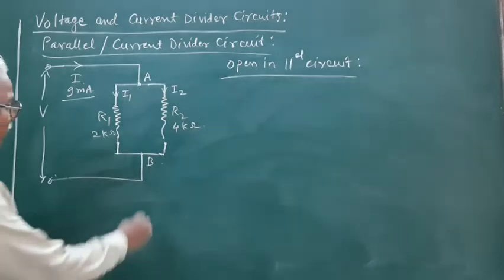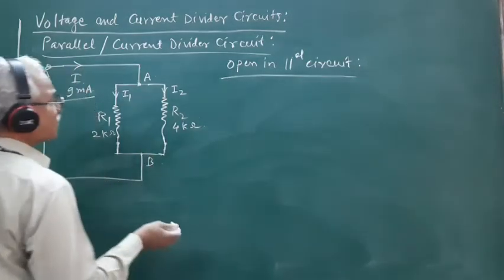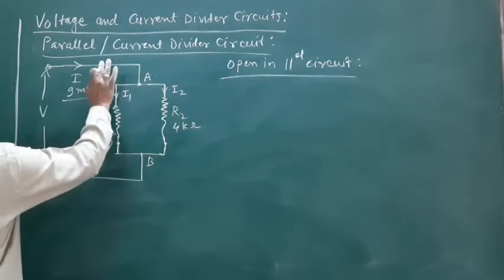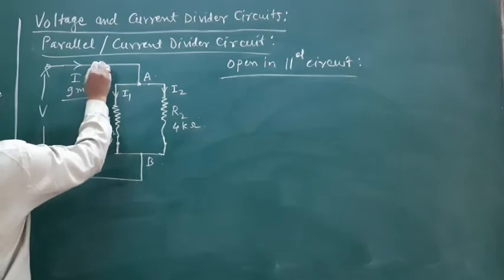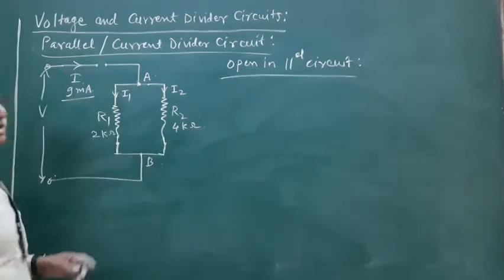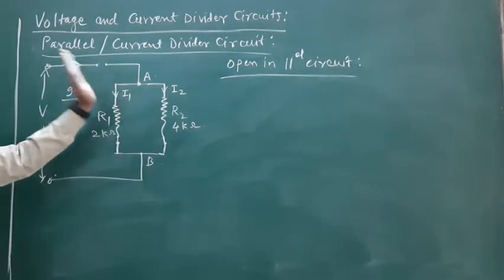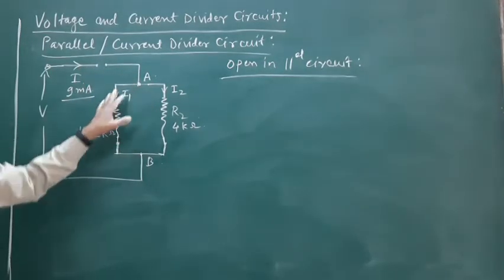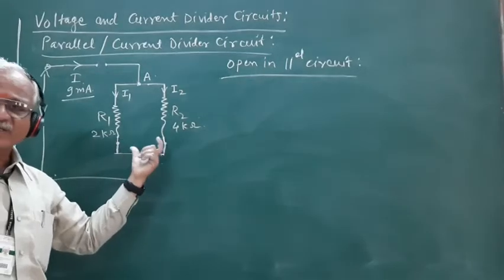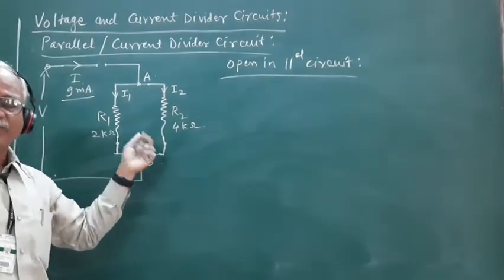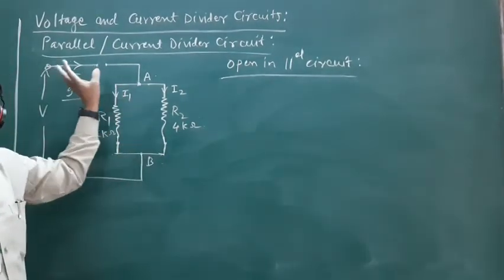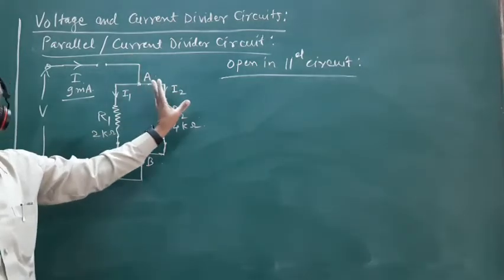On the other hand, if the open appears in the main circuit itself, then there will be no currents flowing through the resistors R1 and R2, because no current will be drawn from the source in this case.